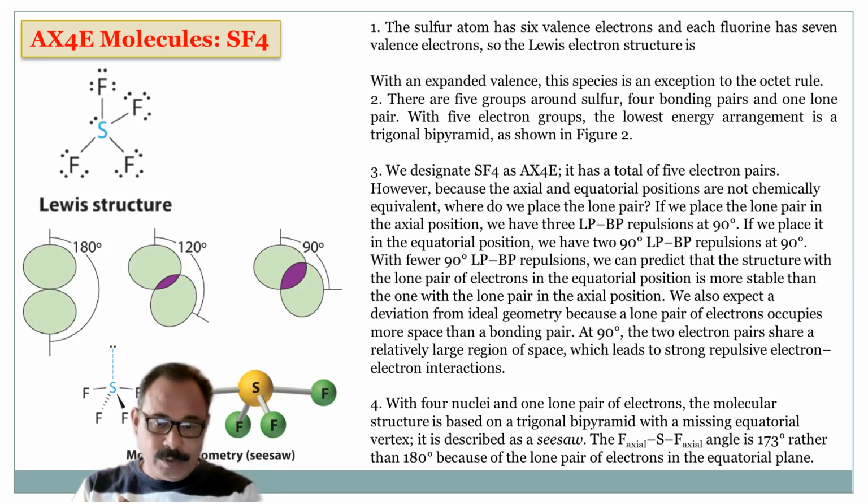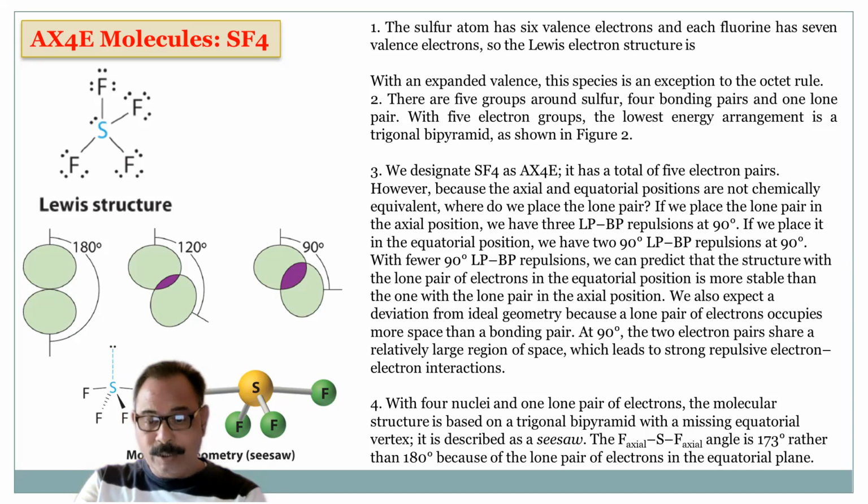With 4 nuclei and 1 lone pair of electrons, the molecular structure is based on a trigonal bipyramid with a missing equatorial vertex, and it is described as a seesaw.